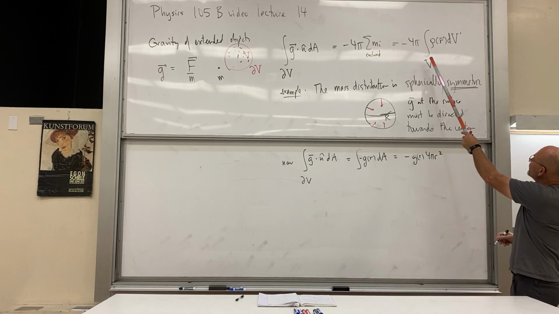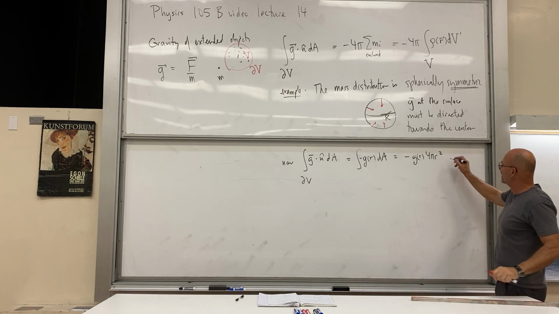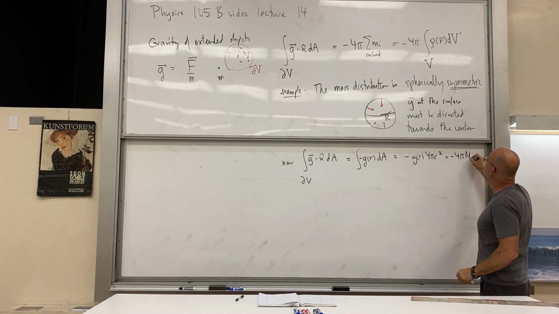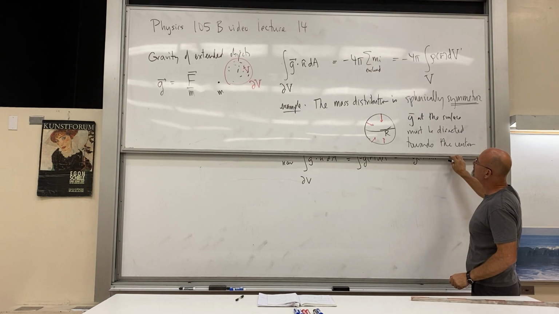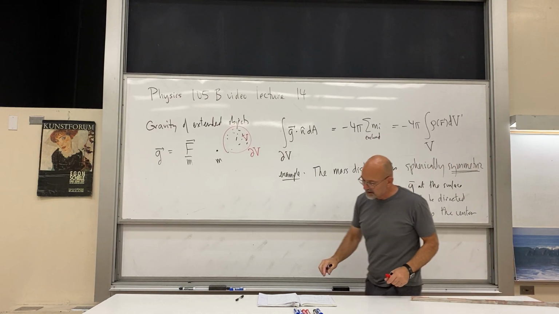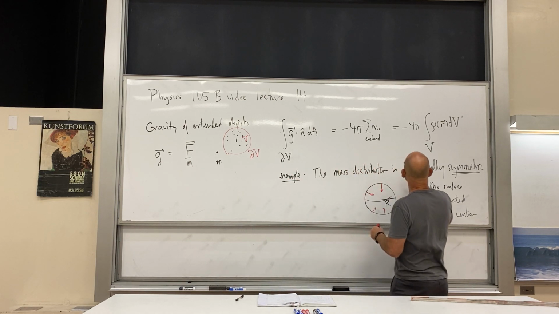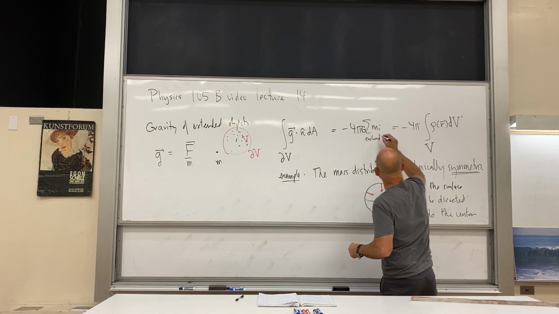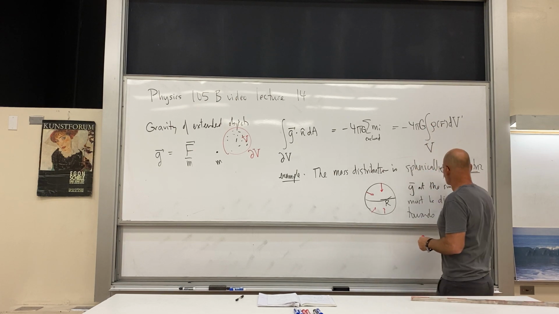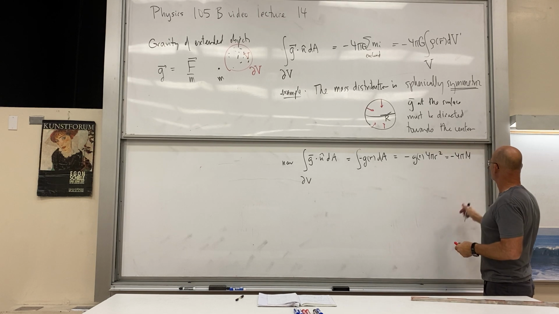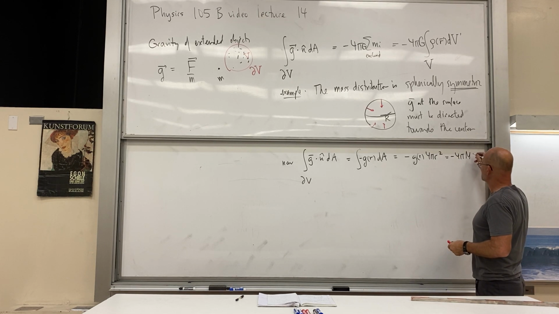And this here is minus 4 pi capital M. Oh, there was a G in there, capital G, of course, right? Yes. Let's sneak that in there. Newton's gravitational G. Mg.